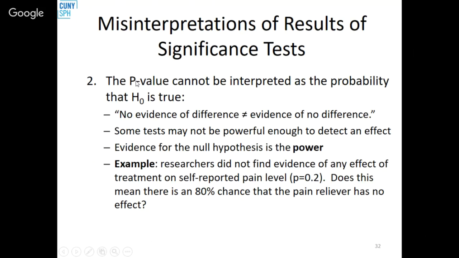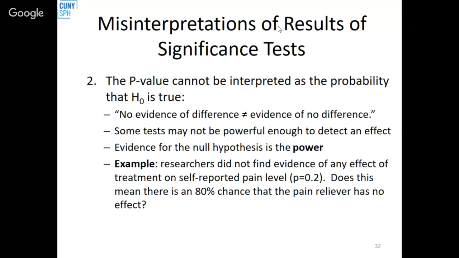I've mentioned this to you before, but I want to emphasize it again. The p-value is not a probability of the null hypothesis being true. Or another way of saying this, no evidence of a difference is not the same thing as evidence of there being no difference. So if you get a p-value of 0.01, that does not mean there's only a 1% chance of the null hypothesis being true.